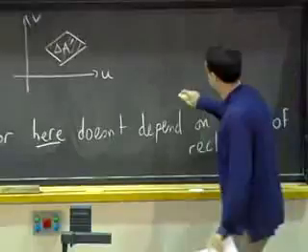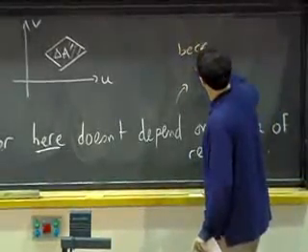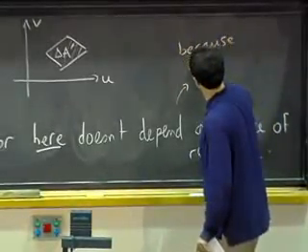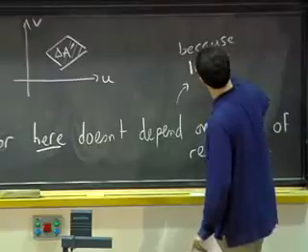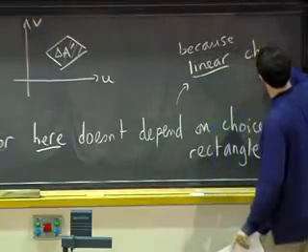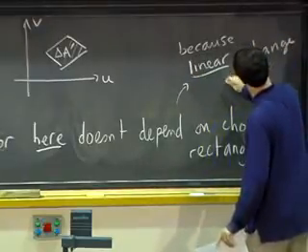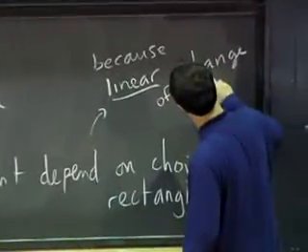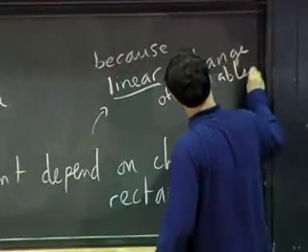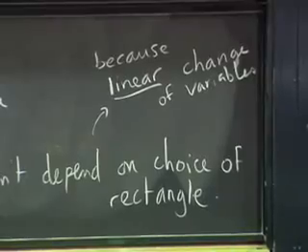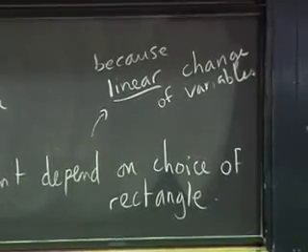And I should say that because we're actually doing a linear change of variables, somehow the exchange rate between uv and xy is going to be the same everywhere.